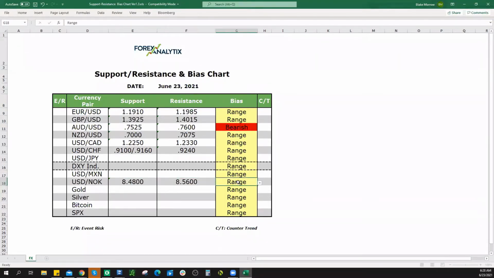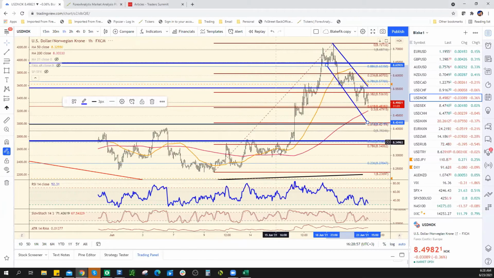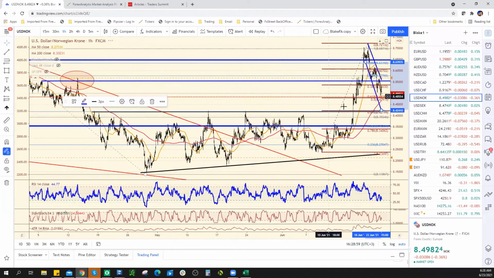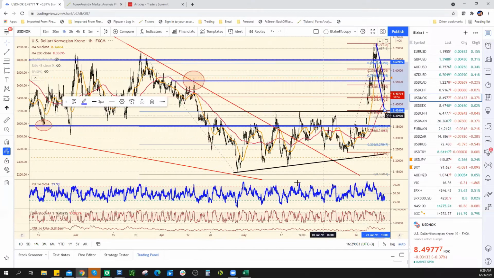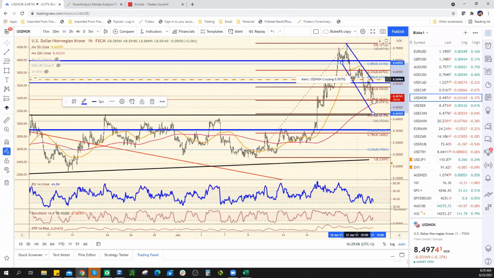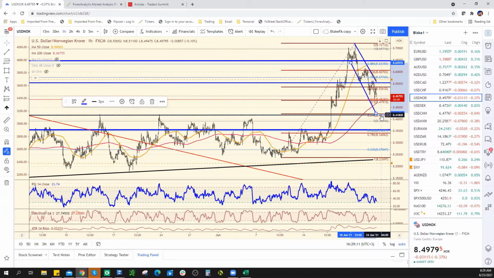I think it's holding up well. Like I said, even with crude oil as strong as it is, the US dollar and Norwegian krona is holding up well. And remember, we came out of this bullish wedge, a very, very strong move up. We are pulling back, near the 50% retracement. We could probably come all the way down to the 618, down here at 842 again. With crude doing what it's doing, it is possible. So just keep that in mind.